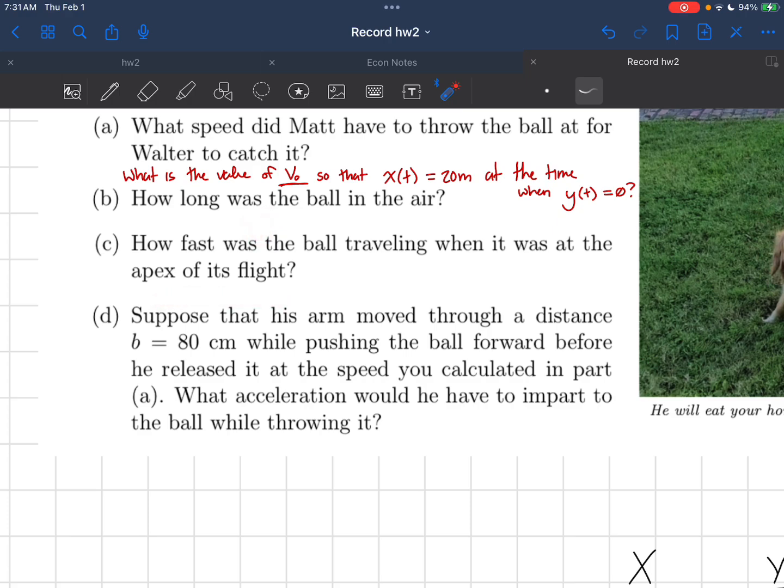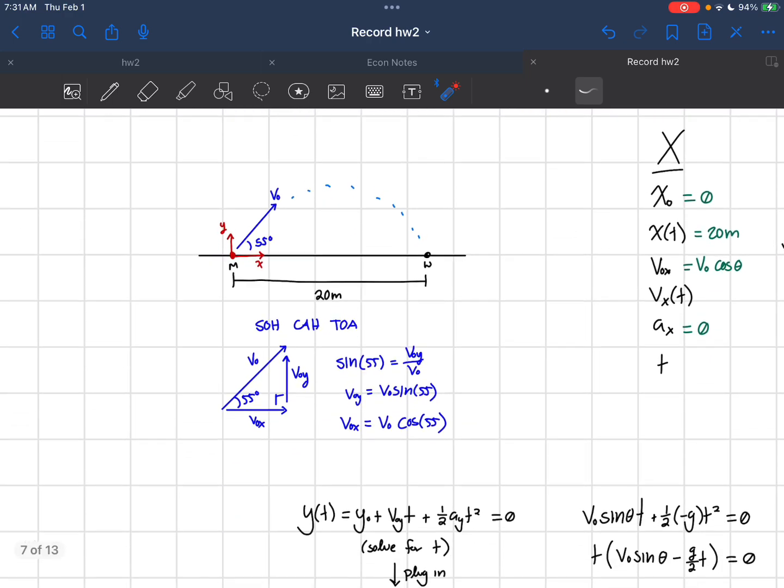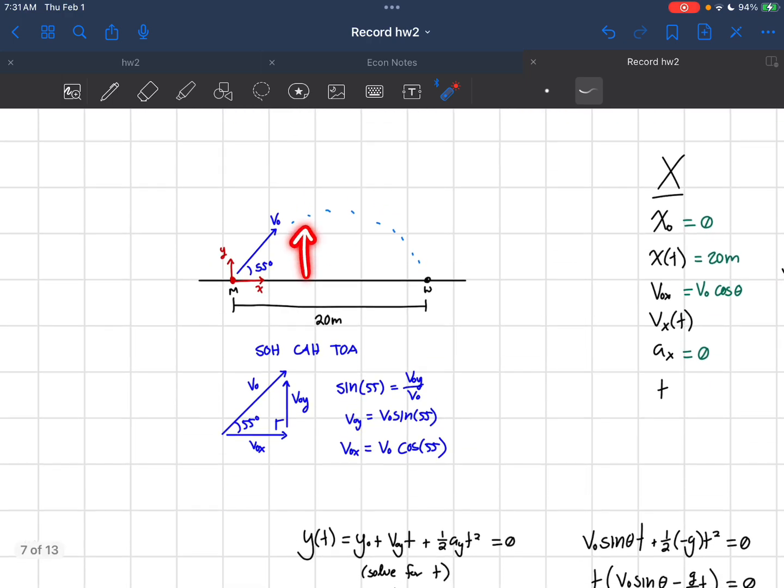Well, how do I know it's at the apex? The apex is where it switches from going up to going down. It's still going to the right, but it switches from going up to going down. So somewhere in there, my positive y velocity is going to decrease until it gets to 0, and then it's going to start going in the negative direction.